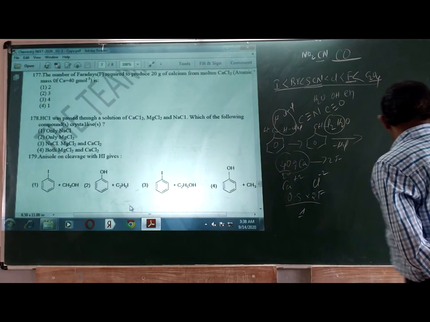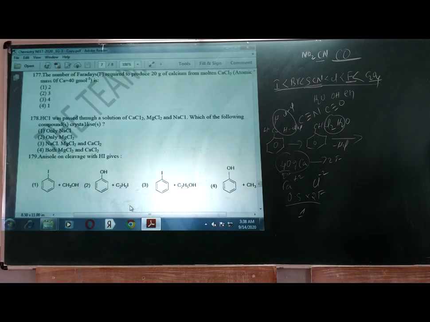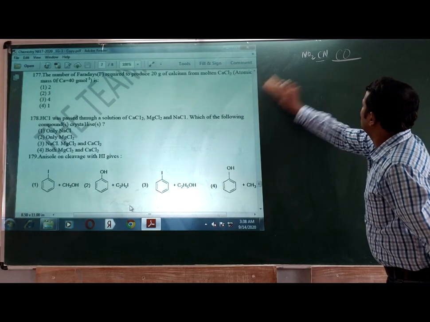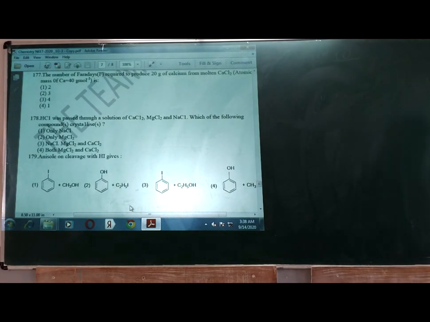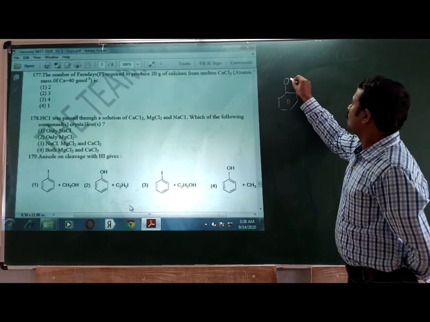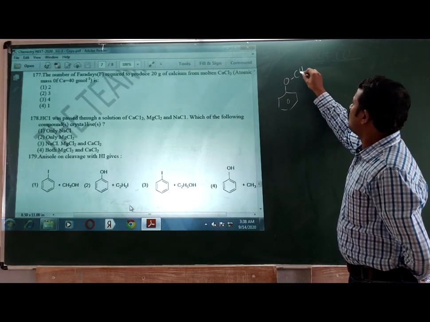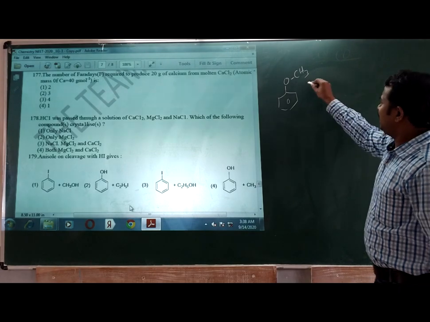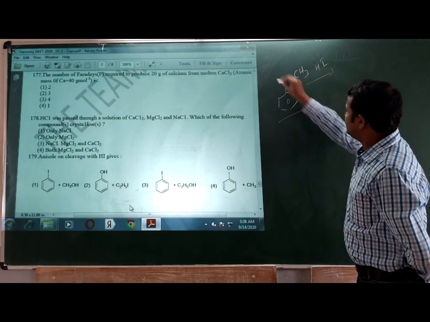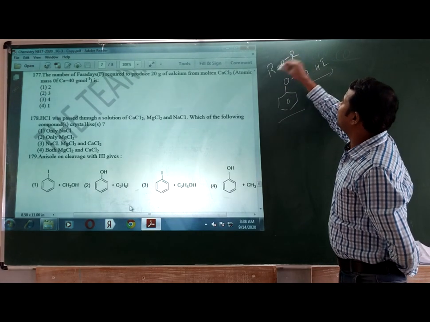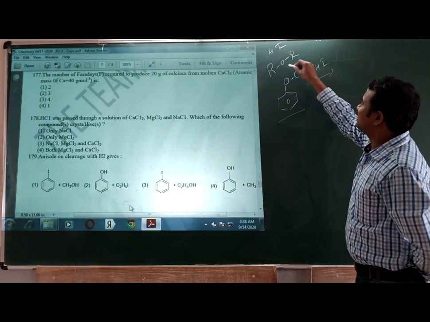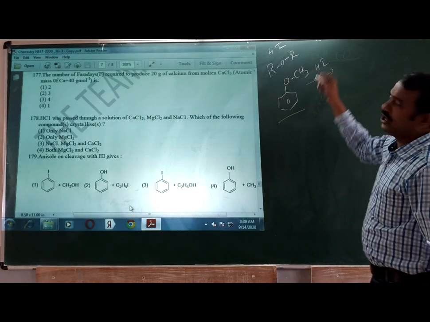Next one. Anisole on cleavage with hydroiodic acid. Anisole is C6H5OCH3. When it reacts with hydroiodic acid, the ether ROR reacts with HI, and the aromatic part receives hydrogen.